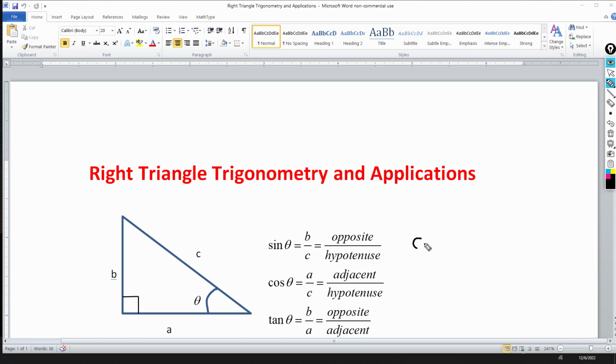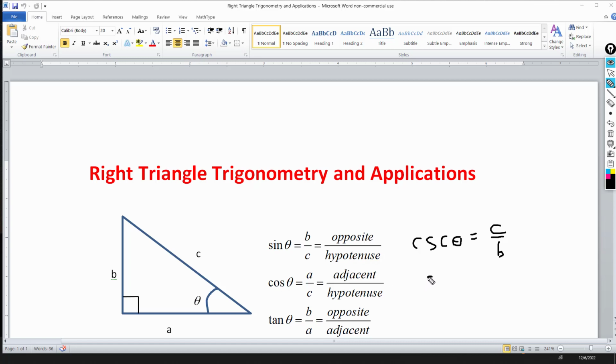But we'll go ahead and include what we call the reciprocal functions. The cosecant of that same angle theta is just the reciprocal of what we get for sine of that angle. Instead of B over C, it's C over B, or hypotenuse over the opposite.